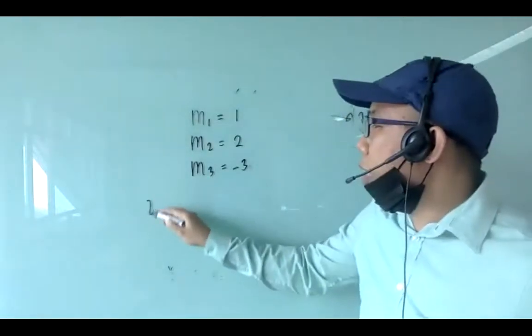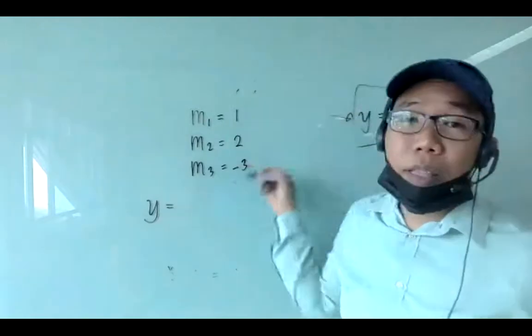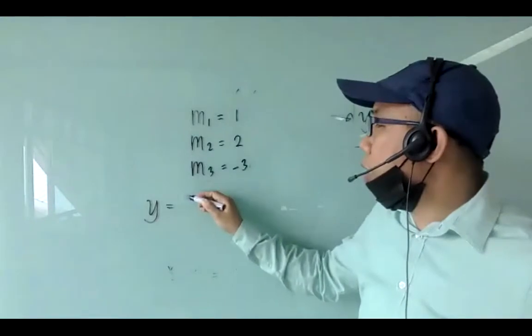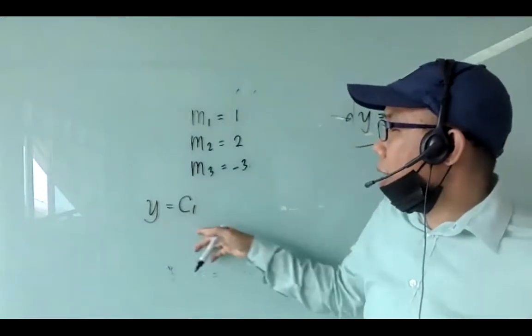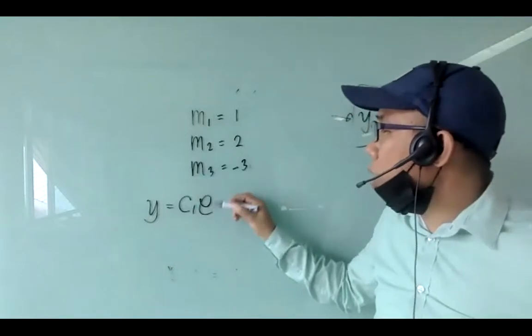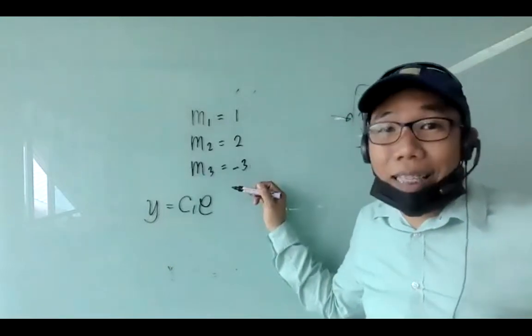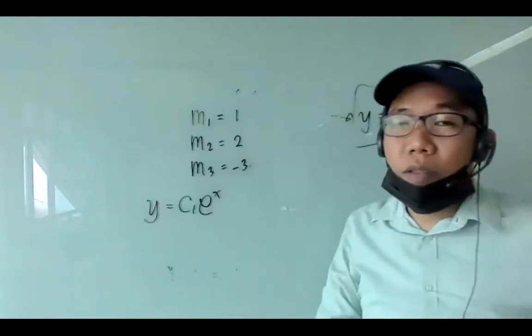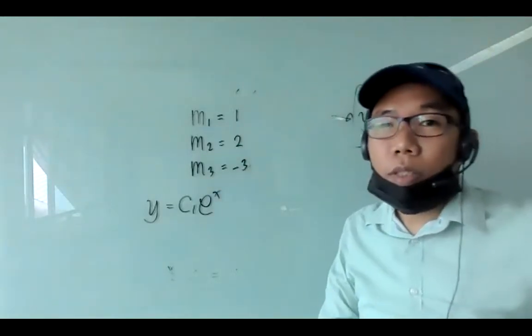So, yung solution natin, once that we have determined these roots, di ba? Example lang, nakuha na natin yung mismong roots. So, yung first term natin is, of course, c sub 1 times e raised to m sub 1 times x. M sub 1 is 1, so you need not write 1 here. So, ganun na yung first term natin. Okay?